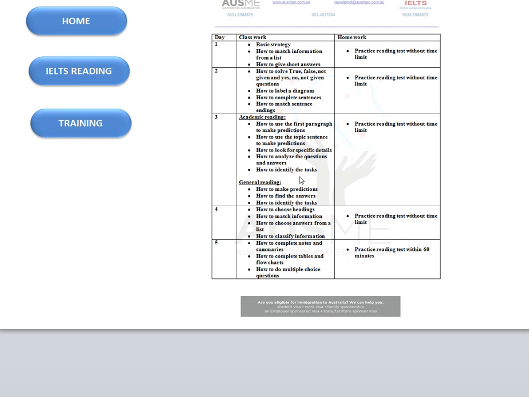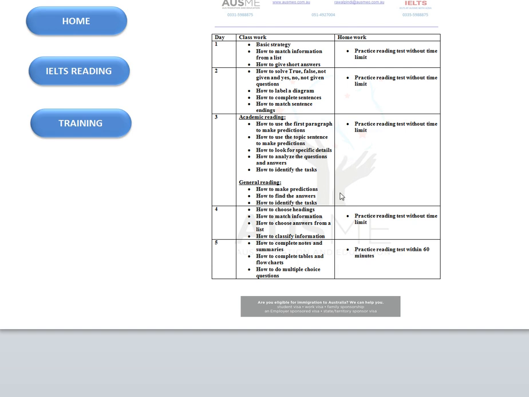And also how to identify the task. So we look more specifically into the questions and also the text and how to implement all these techniques and how to figure out on how to answer all those questions that you get in the test.